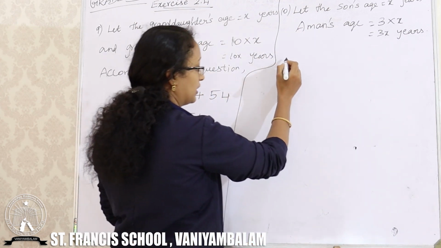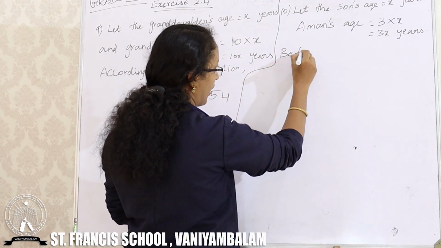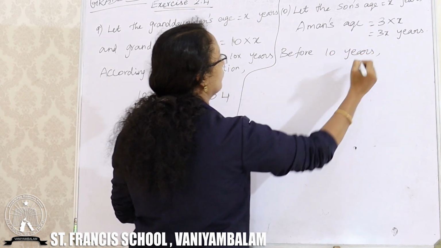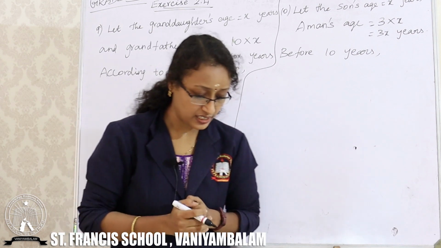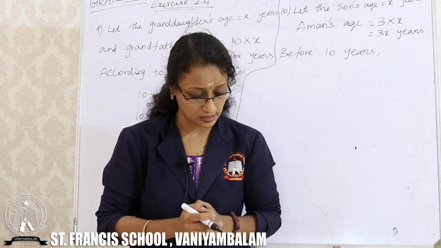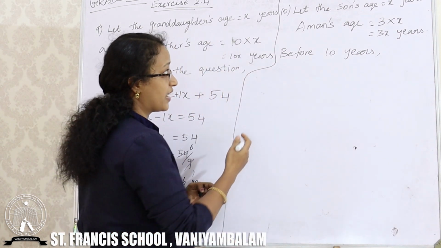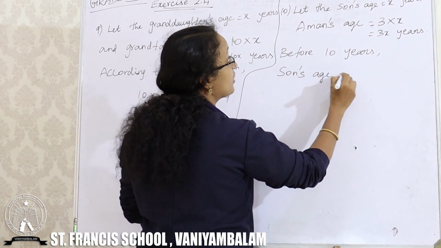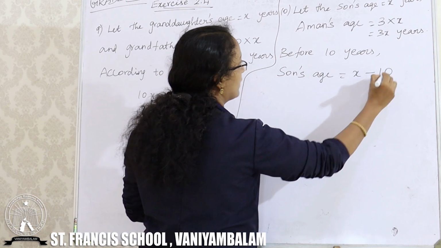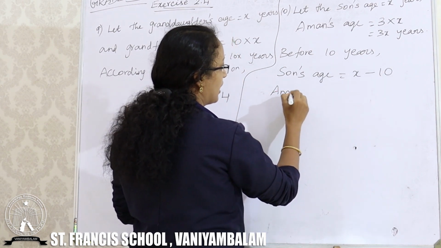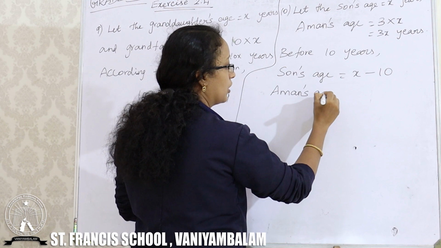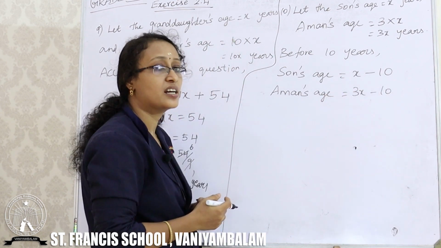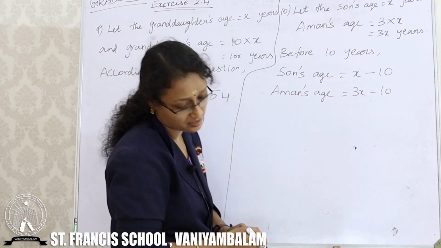Before 10 years, the son's age is x minus 10 and Aman's age is 3x minus 10.